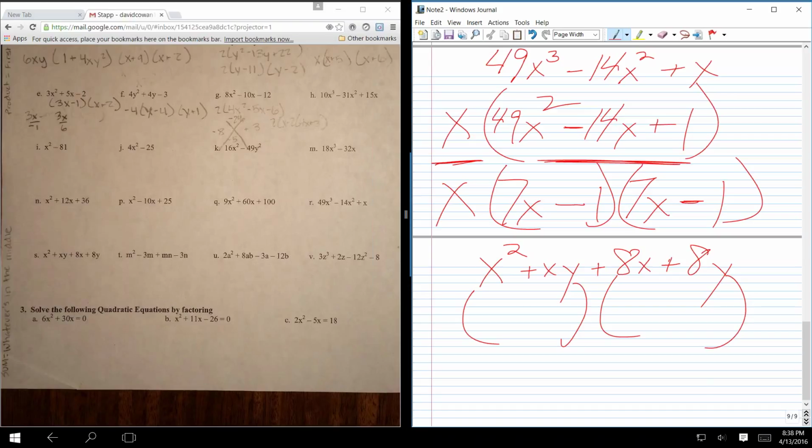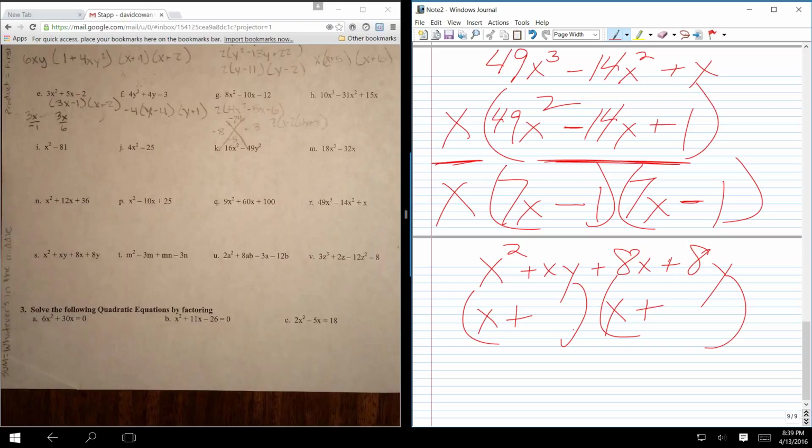What's my first step? So x for both. What are my signs? Oh, I'm sorry, it's both plus. My bad. Now, there has to be some number of y in the last term.